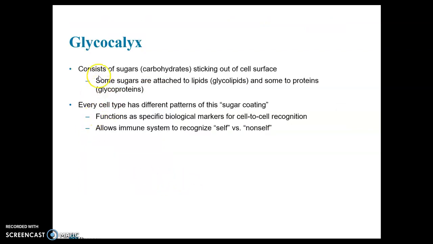The glycocalyx consists of sugars or carbohydrates, which are chains of glucose molecules that are either attached to the lipids of the plasma membrane, and we call those glycolipids, or they're attached to the membrane proteins, and we call those glycoproteins. And like I was saying earlier, they can help in cell recognition.